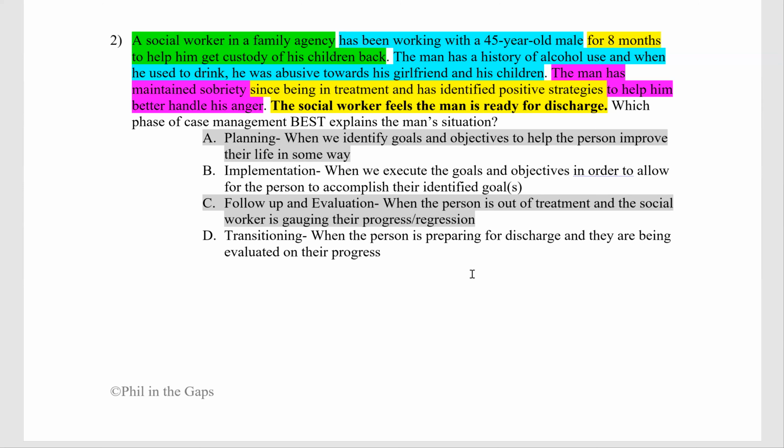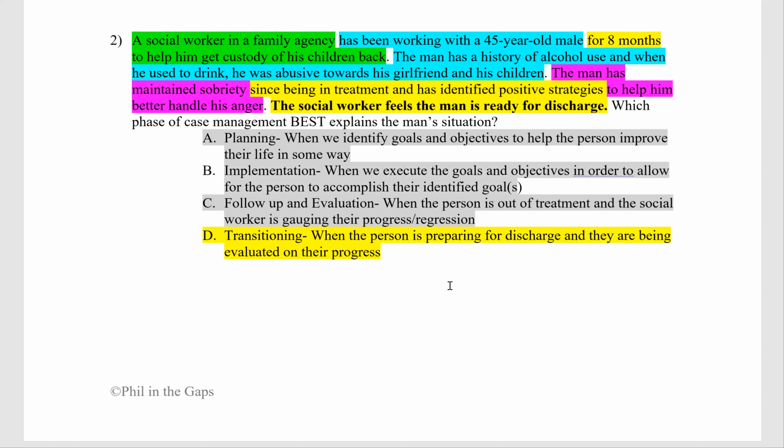B, implementation, is where he'd be implementing the objectives to accomplish his particular goal, which he has been doing. However, since we feel he's ready for discharge, we're going to rule out B. And the most appropriate thing here would be D, transitioning. Why? Because he's in that transitioning phase of, in this case, going to a lower level of care and or no services.